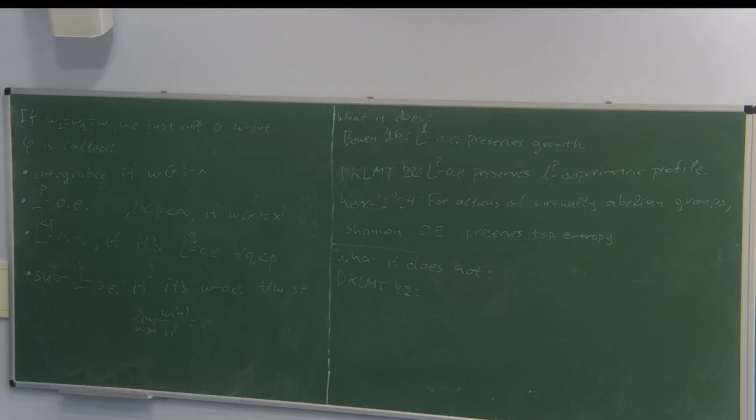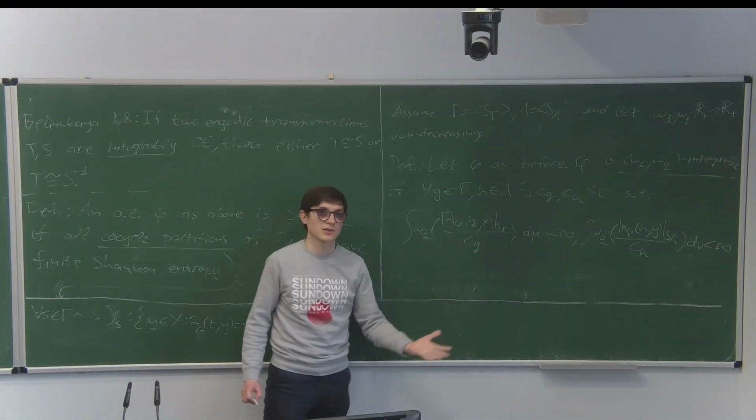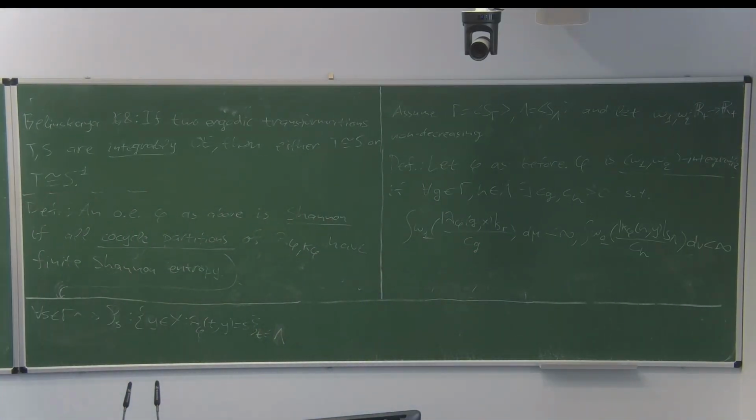Of course, the more rapidly this increases, the harder this condition is to be satisfied. So when I talk about exponential orbit equivalence, you should be thinking of a very strict notion of orbit equivalence.